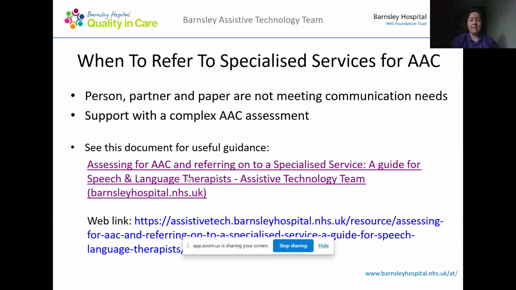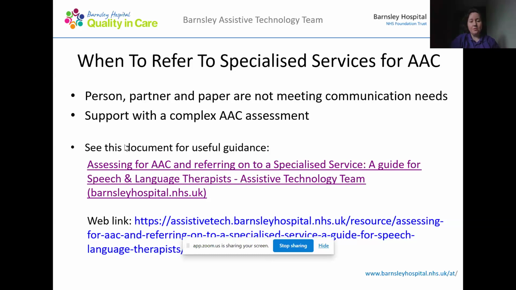For example, they might be struggling to access the strategies they have because of a physical disability, or they might need more vocabulary, more words than the systems they have allow, so they need a more complex assessment to explore more complex options.